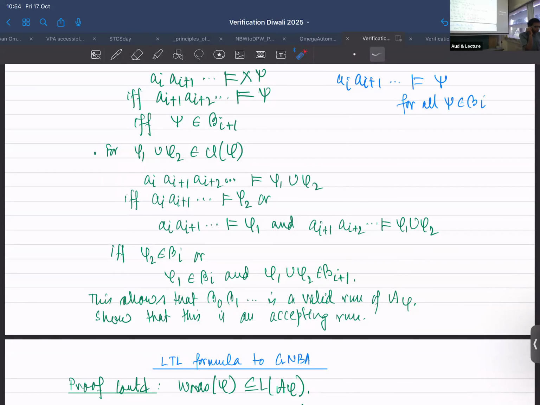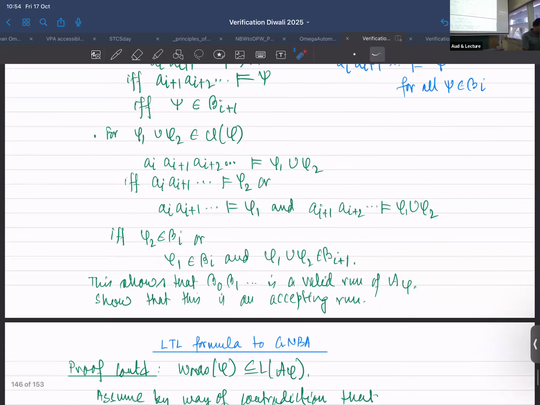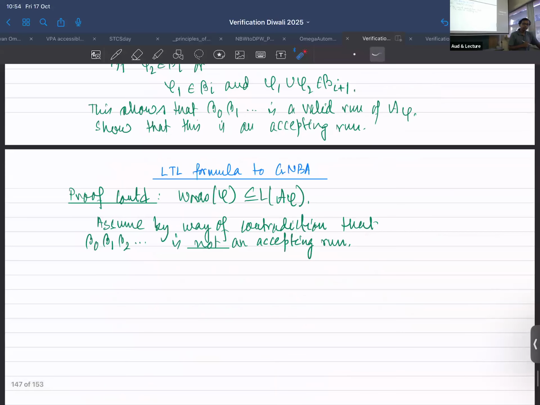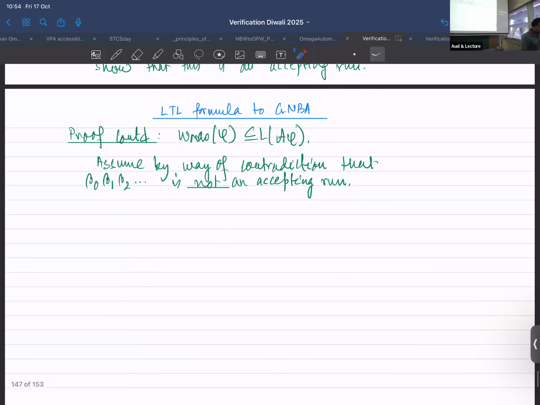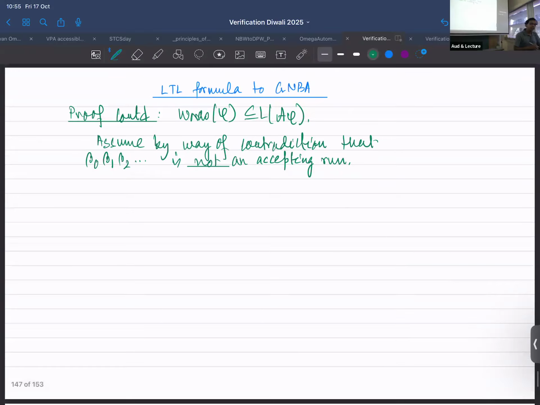Now what we need to do is to show that this is indeed an accepting run. Suppose by way of contradiction that this is not an accepting run. So when will this not be an accepting run?